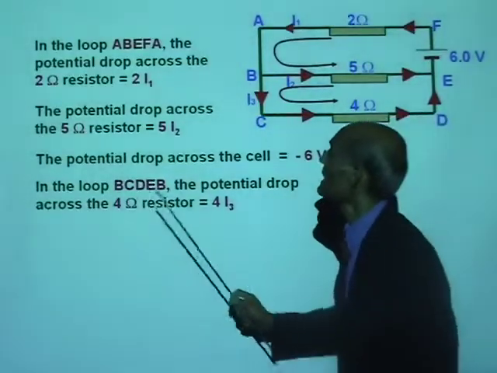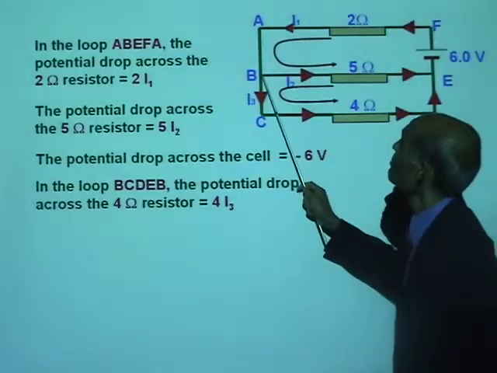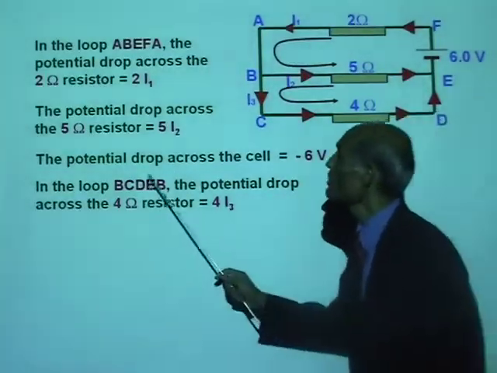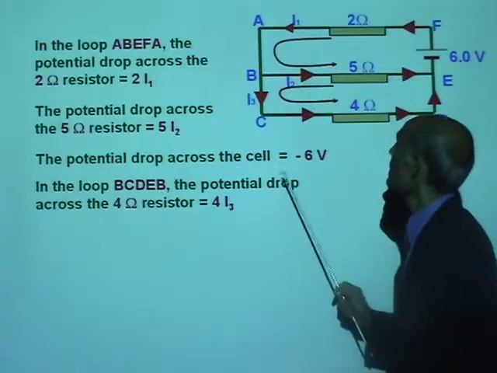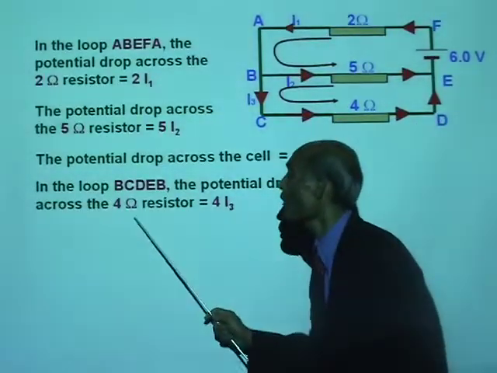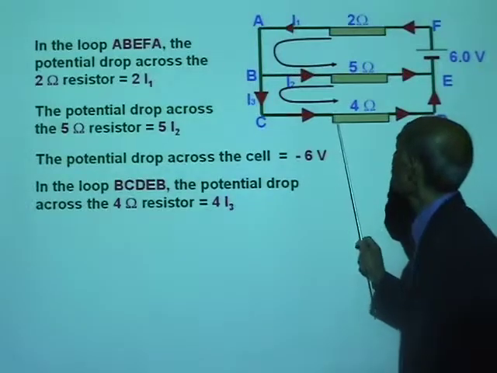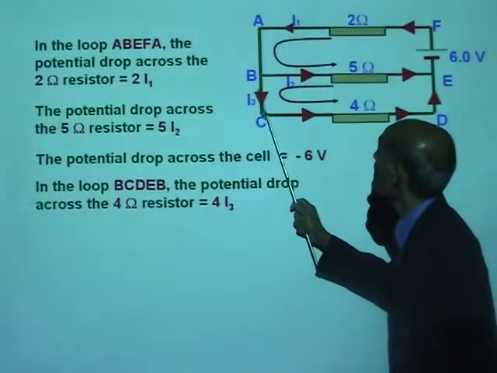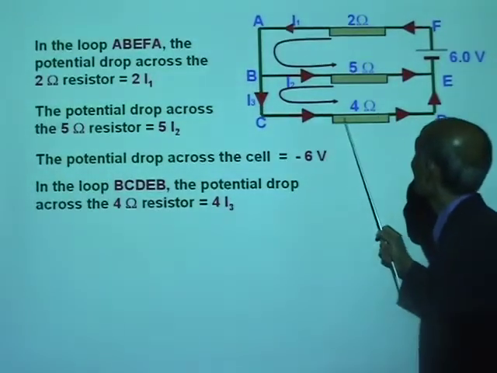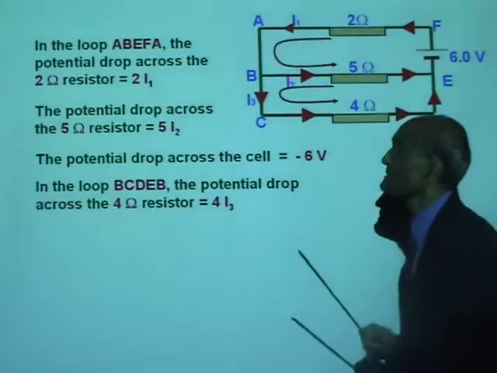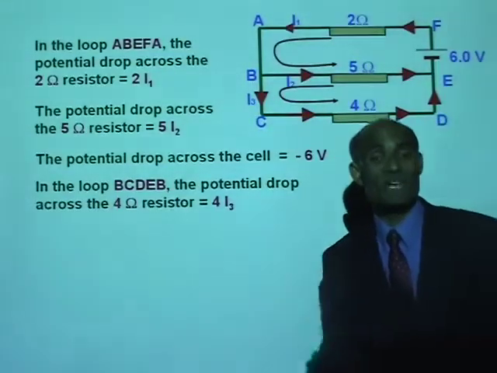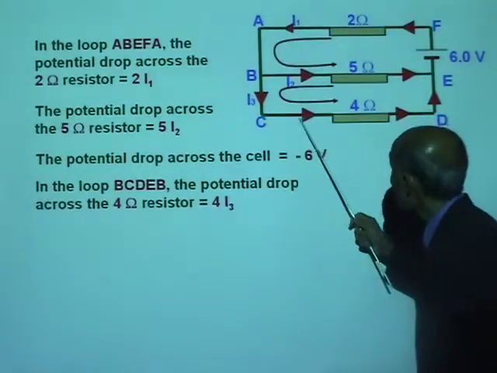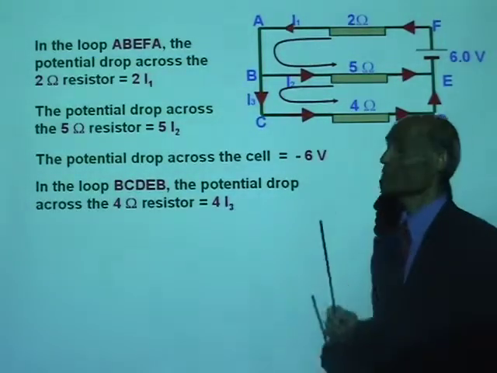Now, similarly, let's look at the loop B, C, D, E, B. The potential drop across the 4 ohm resistor is 4 times I3, where I3 is the current that flows in the 4 ohm. Is that positive or negative? The direction of the current is the same as the direction of tracing the loop, so that is positive.